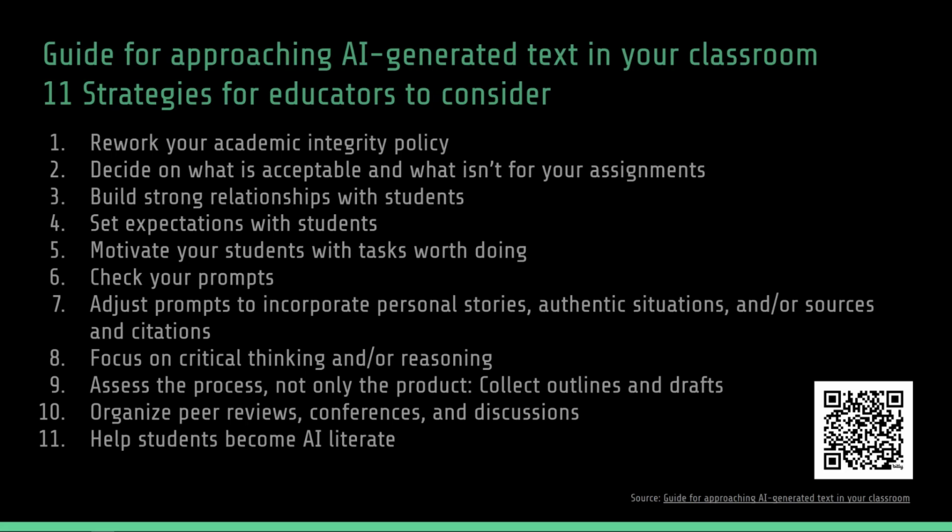Check your assignment prompts by running them through an AI writing assistant, adjusting your prompts to incorporate authentic situations and personal stories. Require students to provide sources and citations. Focus on critical thinking, collect outlines and drafts. Help your students to become AI literate.